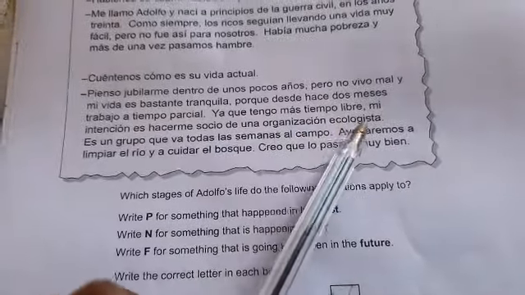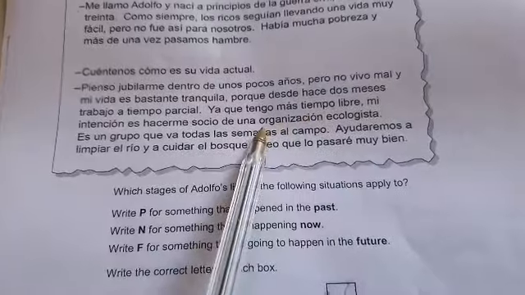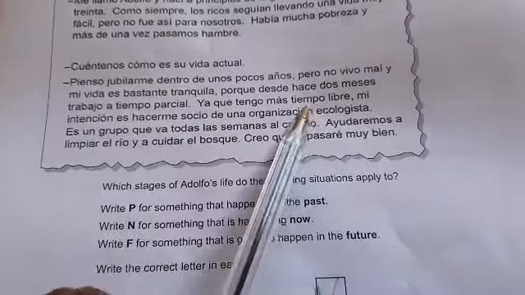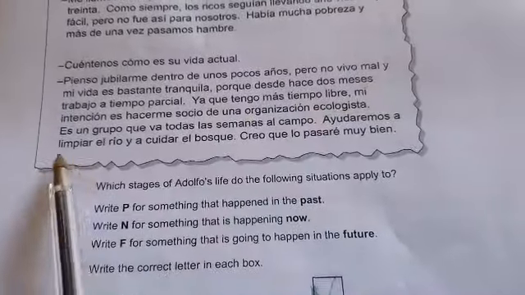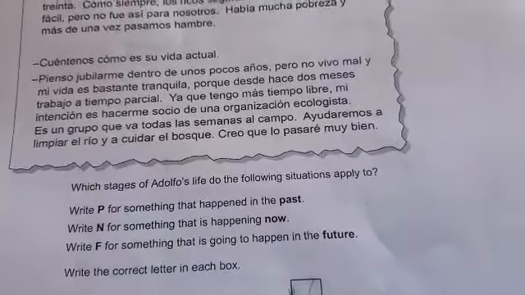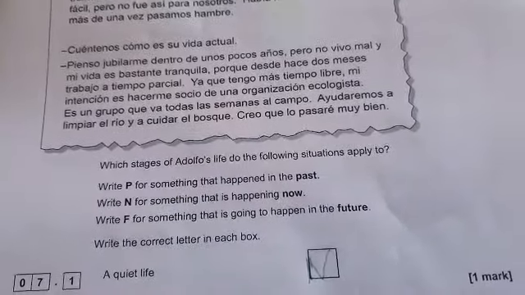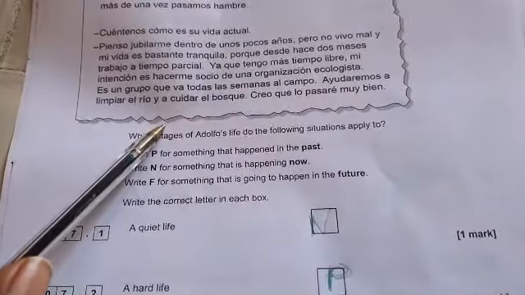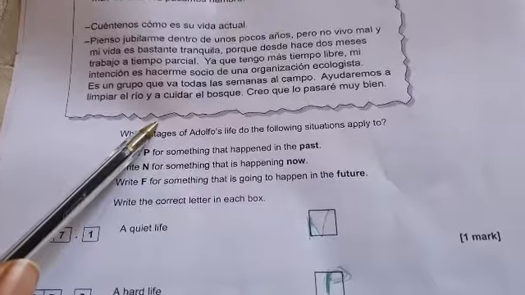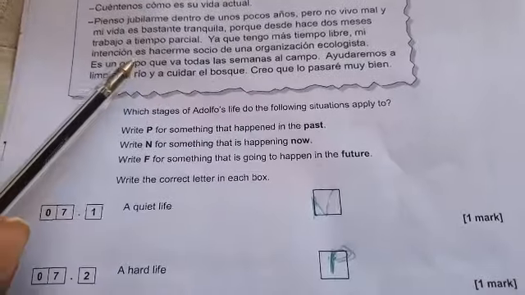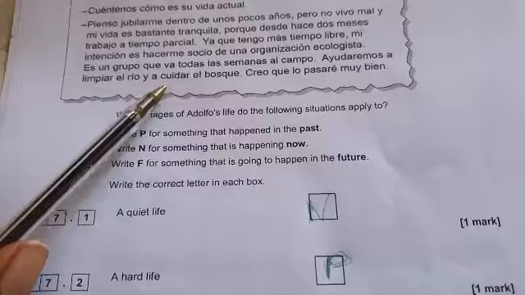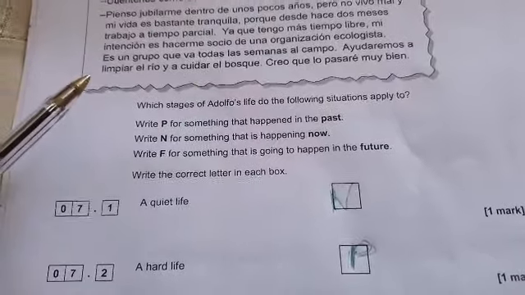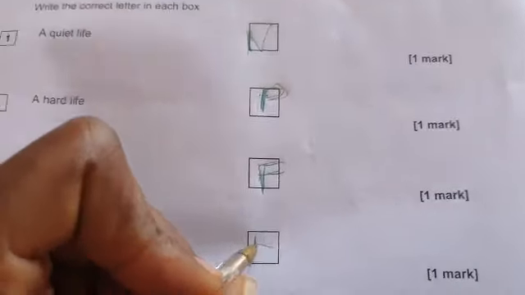So an ecological organization, translate is quite similar to English. It's a group que va todas las semanas al campo. Okay, so yeah, he mentions that that's volunteering, isn't it? If you're given your time, your free time, you want to become a member, so you are helping to clean the river and the forest. So yeah, volunteering in the future.